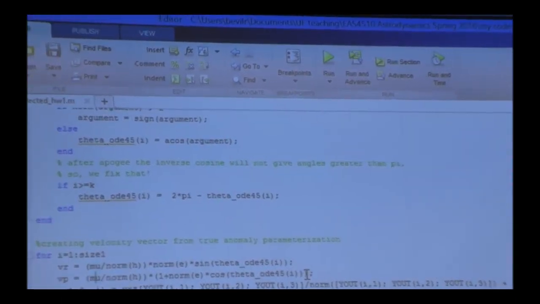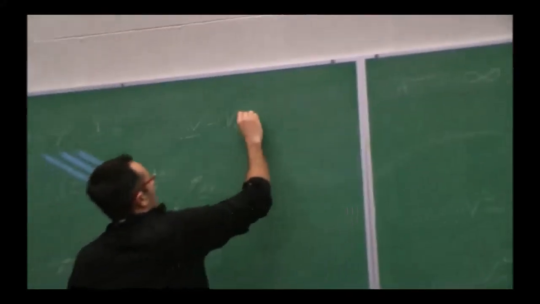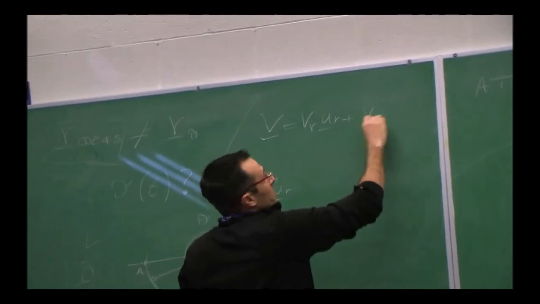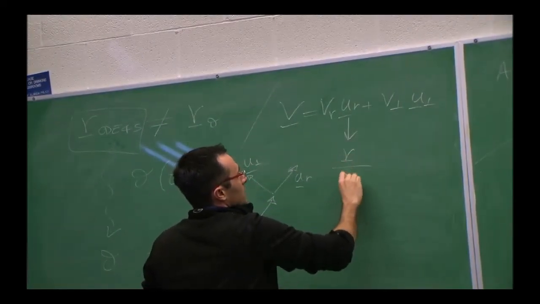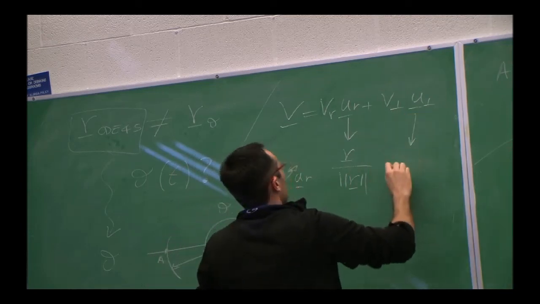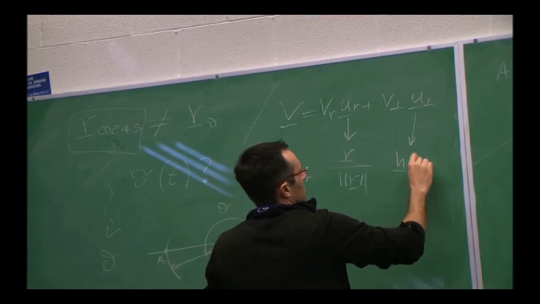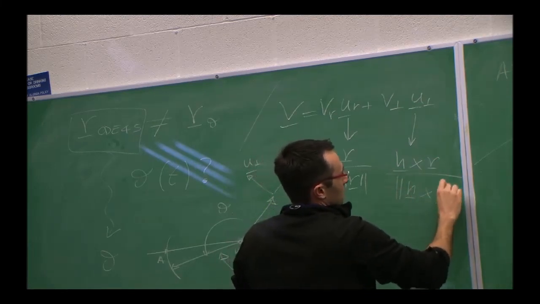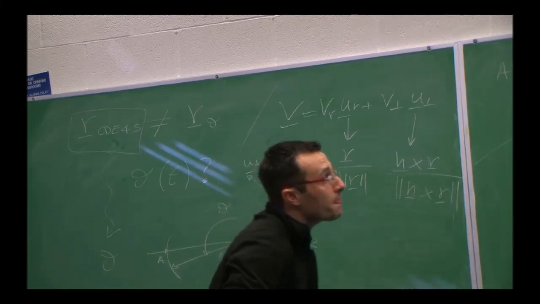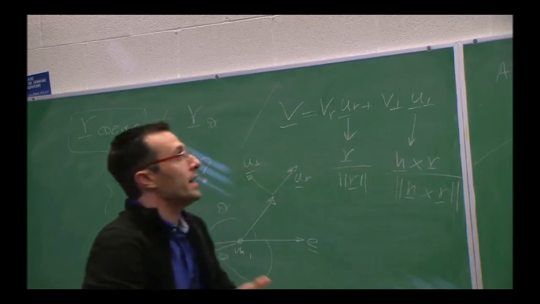Your v is v radial times u_r plus v perpendicular times u perpendicular. What is u_r? This is r normalized, right? And u perpendicular, we can get it as h crossed with r normalized. And I think that's what I'm doing there, I hope. Yeah. And that gives you the velocity.